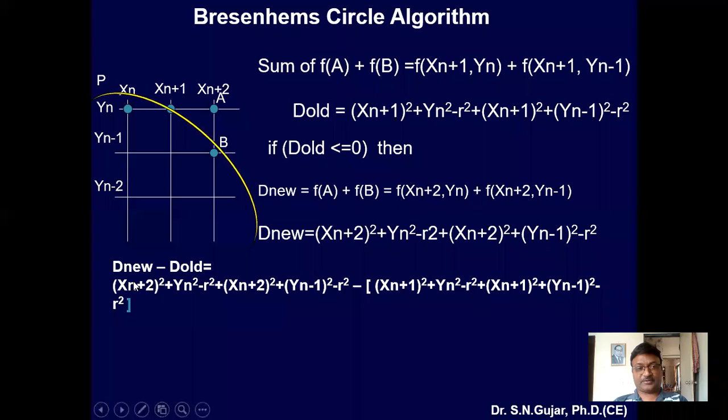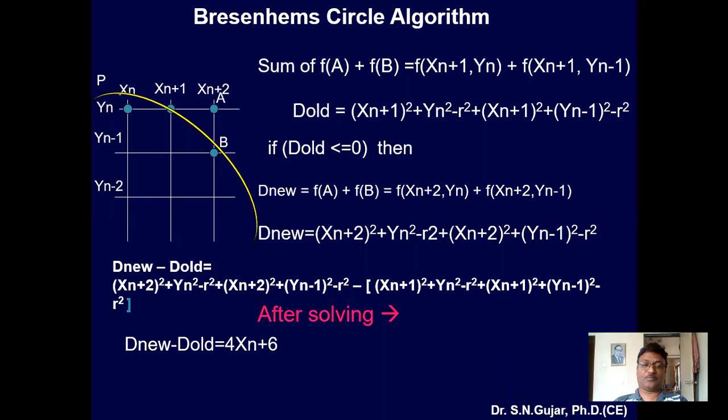So this is my entire d new value minus, in the square bracket, my d old value. Now solve this. After solving, I have reached this point: d new minus d old is equal to 4xn plus 6. You have to solve it.